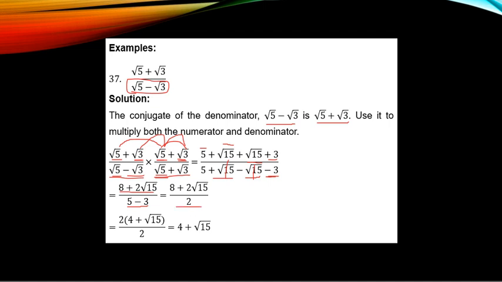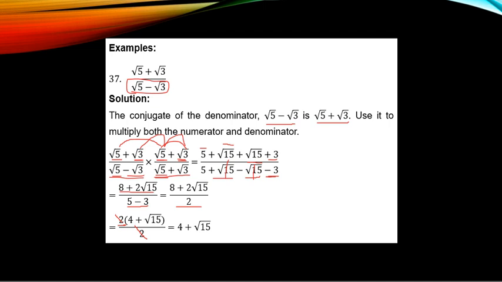Now if you look at the two terms in the numerator, you can factor out 2. Factor out 2, that is, 2 is outside. If you use that 2 you factored out to divide 8, you have 4. 2 divided by 2 is 1, leaving root 15. By the time the 2 takes care of the 2, you are left with 4 plus root 15.